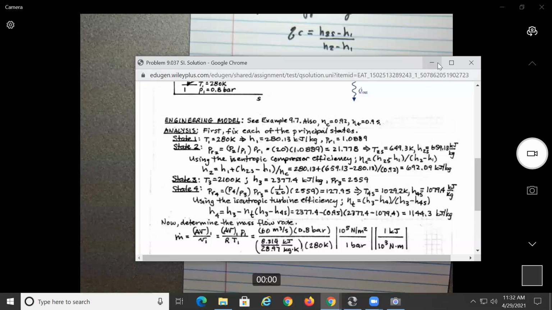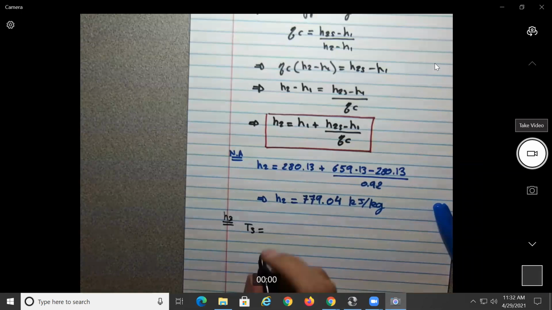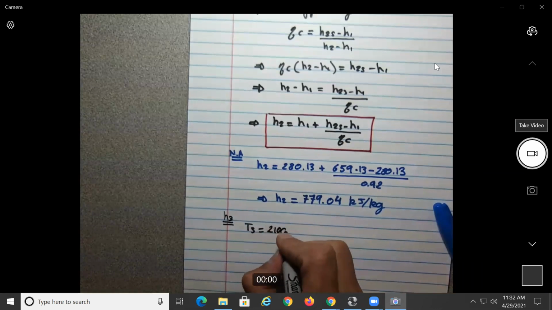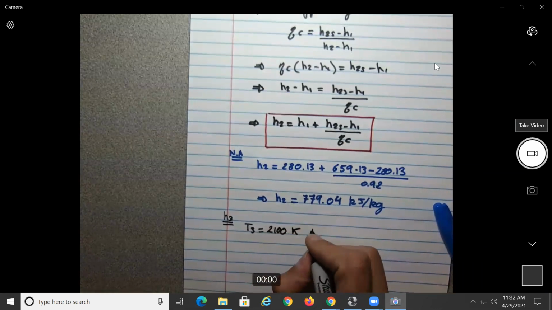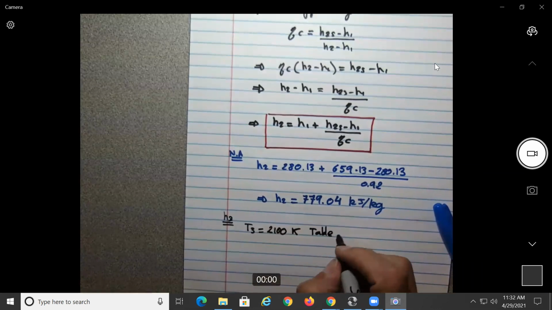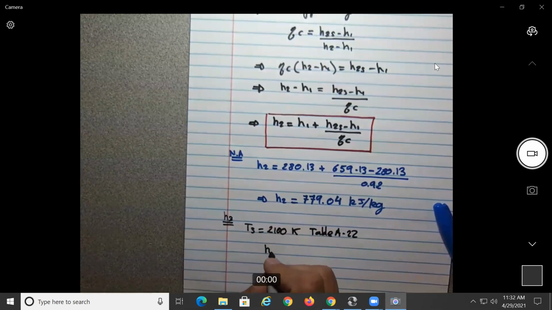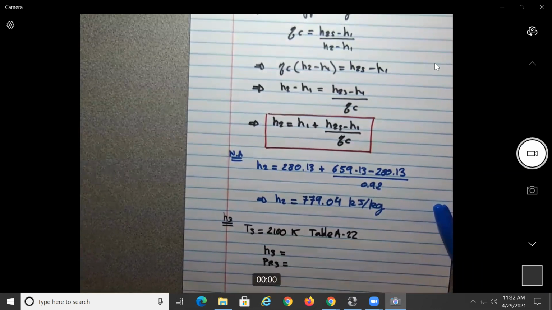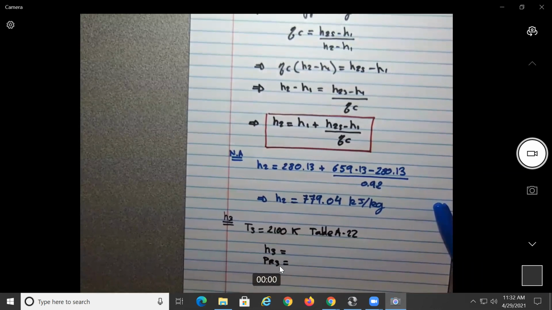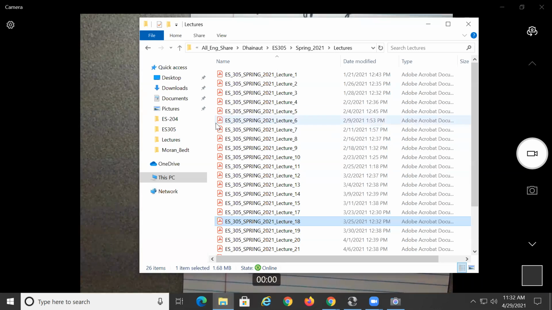Yeah, so 2100 Kelvin. We go to table A22. And from there, we're going to get H3, and we're going to need also PR sub 3 to do the same thing as we did over the compressor. So here we go.